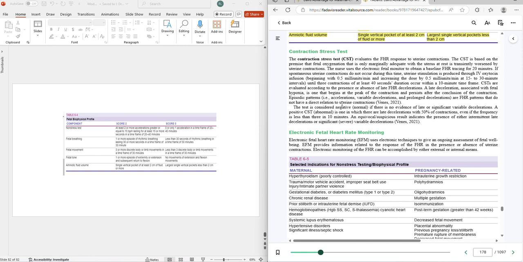For an NST, non-stress test, good is reactive, bad is non-reactive. Now for a CST, a contraction stress test, good is negative, bad is positive.